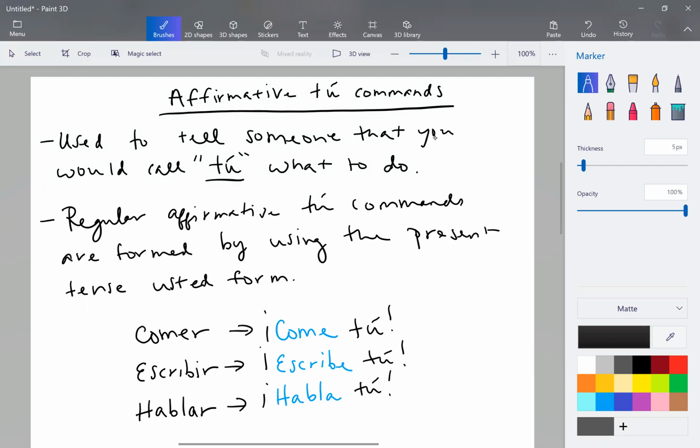And the nice thing is most verbs are regular in the tú command form, but there are 8 irregular ones, and we're going to go over those. Any questions so far? Okay.